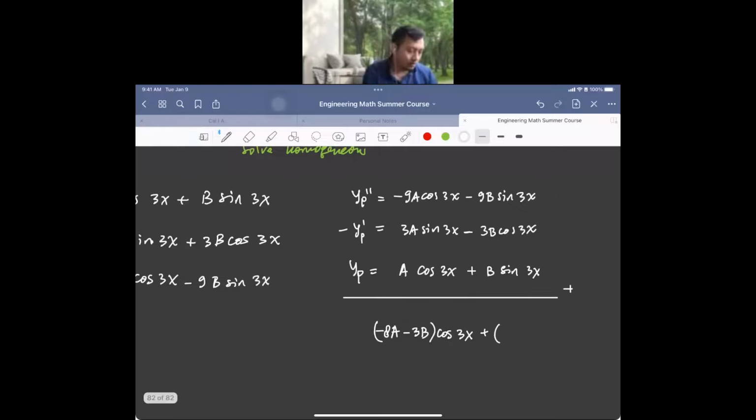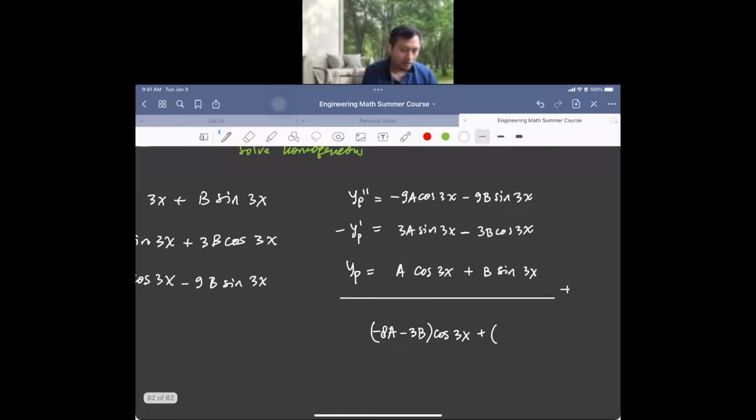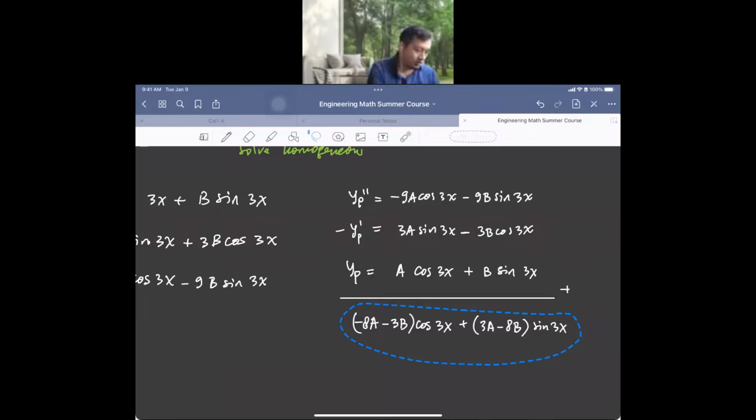Plus negative 9b plus b, negative 8b, so 3a minus 8b sine 3x. This is yp double prime minus yp prime plus yp.